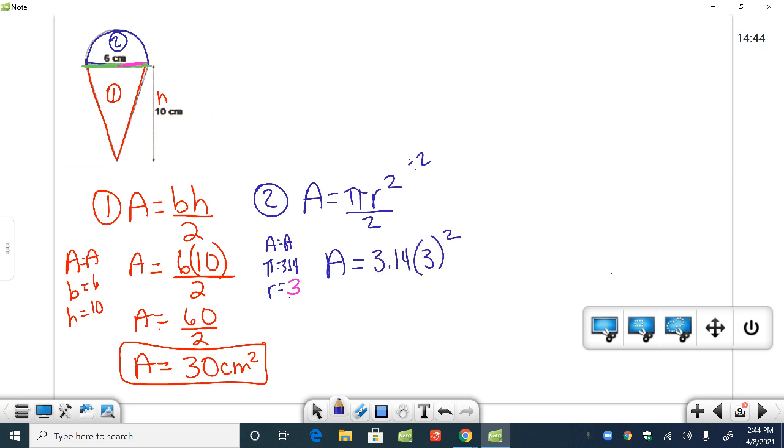Radius is 3 squared, and then we're going to divide it by 2. So that's 9 divided by 2. The area is 28.26 divided by 2, which is 14.13 centimeters squared.